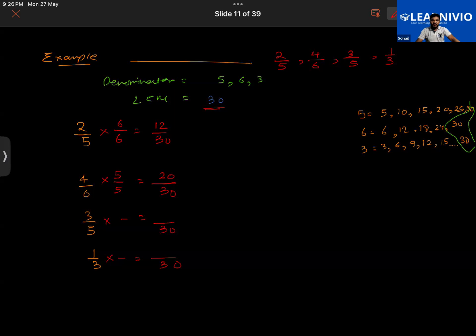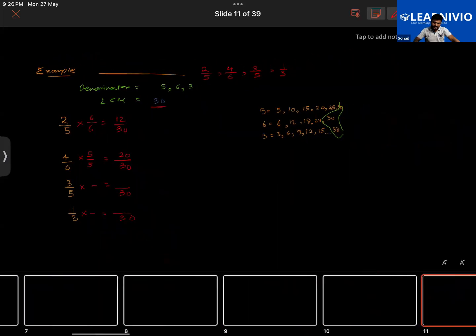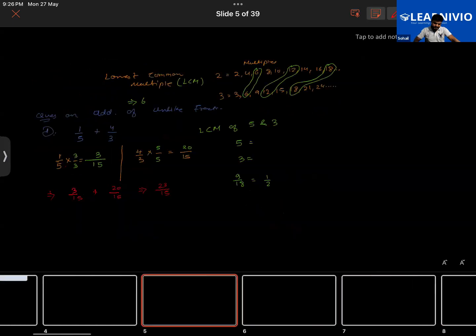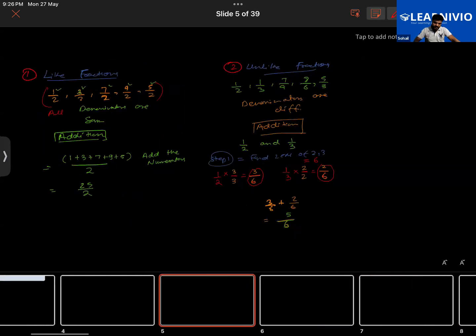You have to follow the same procedure as we were following previously. Now remember the case which we discussed moments ago, like how we were required to add unlike fractions, how addition of unlike fractions was done. Keep that in mind. Our basic goal is to make all the denominators equal.